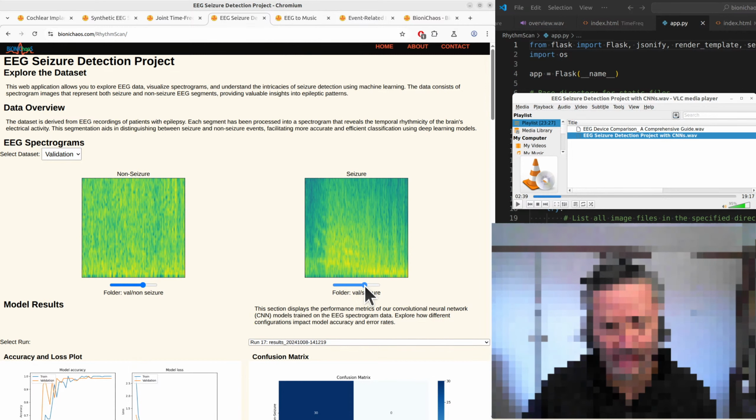Someone must have selected. Yeah, so you see those patterns in the spectrogram. So this is where the seizure is happening. So hopefully later on, the convolutional neural net is actually trained on detecting those and potentially even predicting the future.